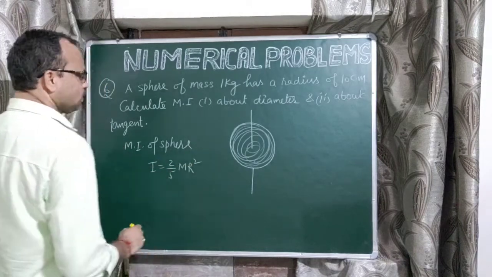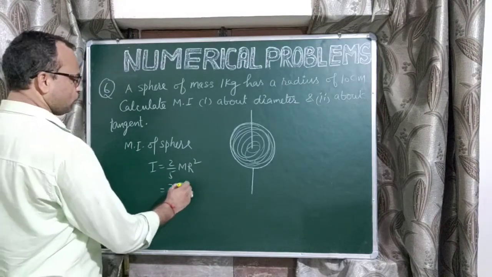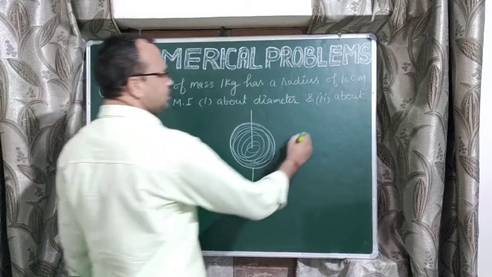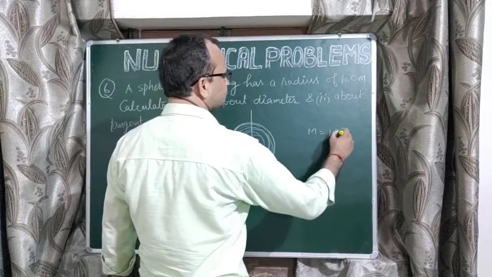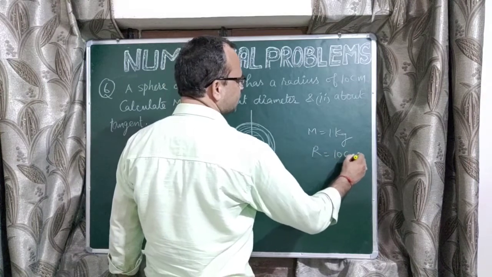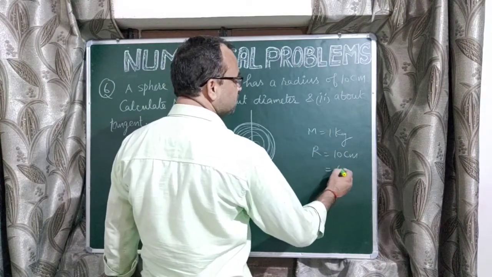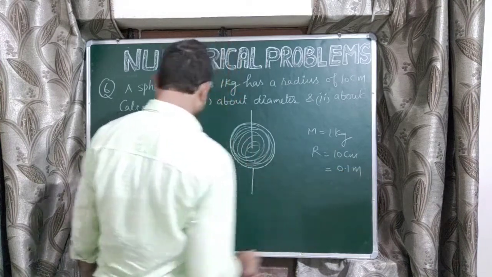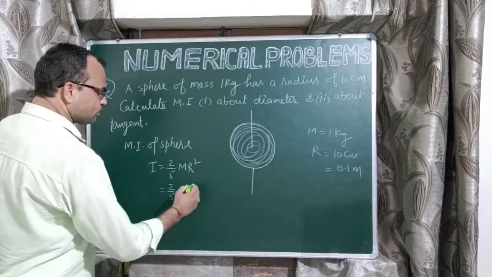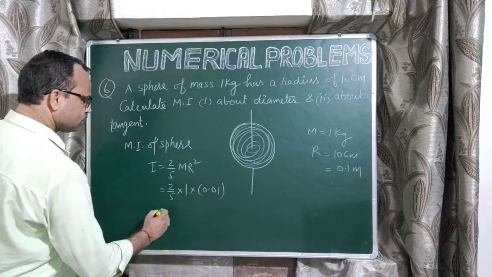As in the question, the mass is given as 1 kg, meaning m equals 1 kg, and the radius is given as 10 centimeter. So first we convert 10 centimeter into meter by dividing by 100, meaning 0.1 meter, and the square of this, 0.1, is 0.01.